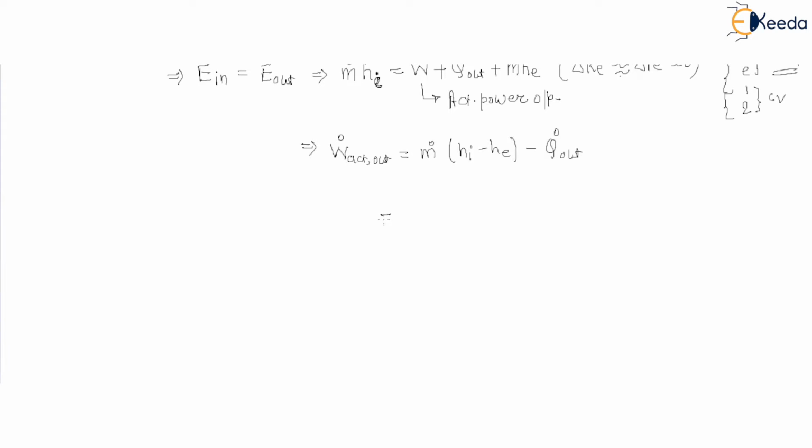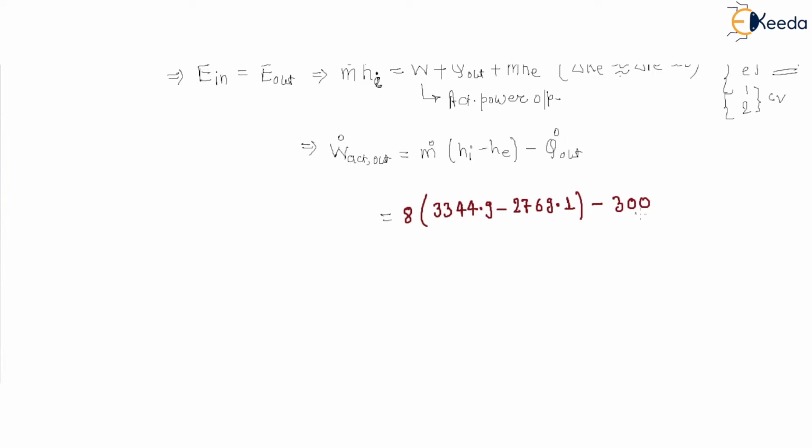So what is M dot? M dot is 8 kg per second. What is HI? 4.9 minus HE, 2769.1, minus what is Q out? 300 kilowatt, right?